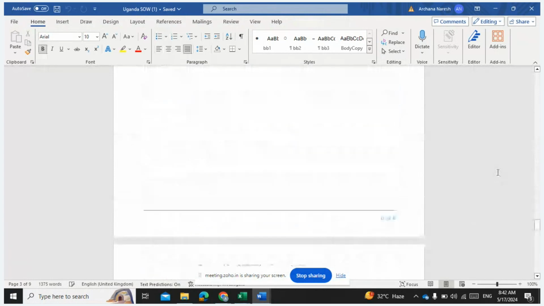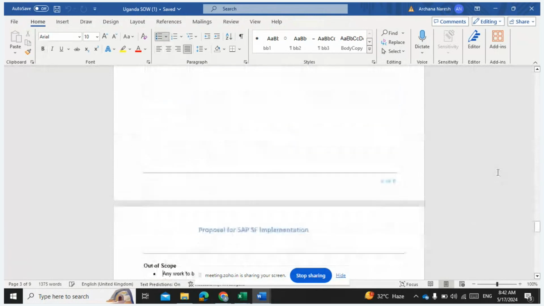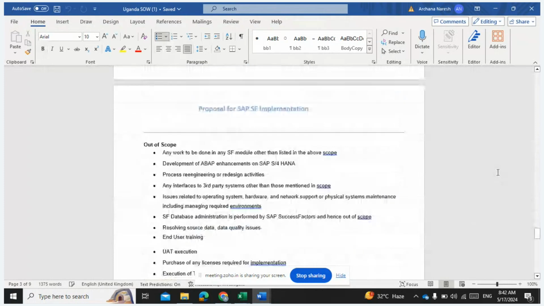proposal document, and then you will say what is out of scope. Any work to be done in SF modules other than that listed above is out of scope. Development of ABAP enhancements on SAP S/4HANA is out of scope. Process re-engineering or redesigning activities is out of scope. Any interfaces to third-party systems other than those mentioned in the scope are out of scope.